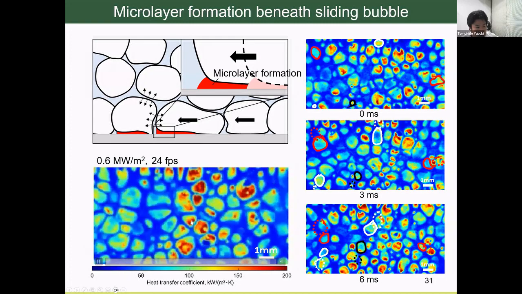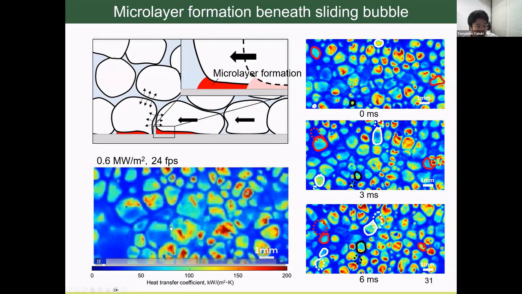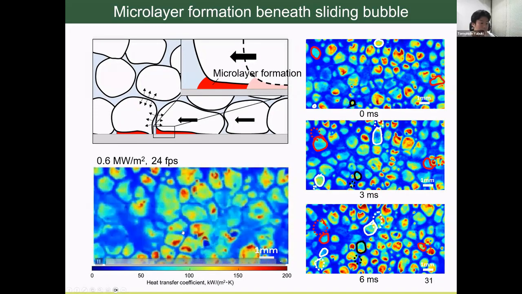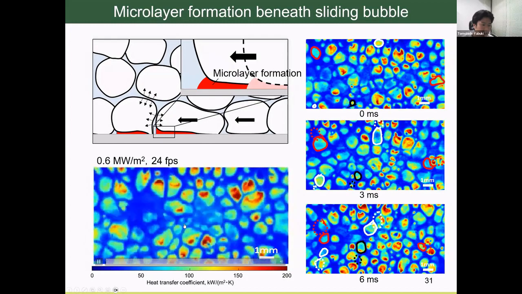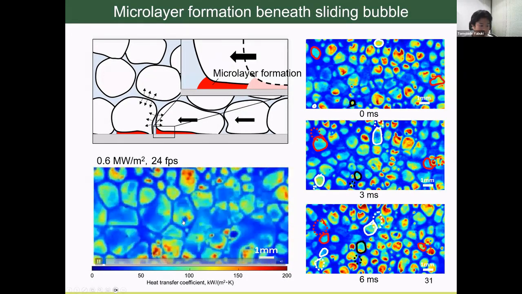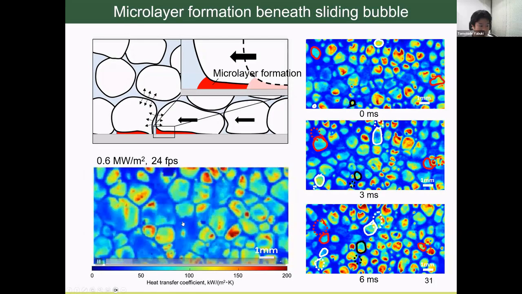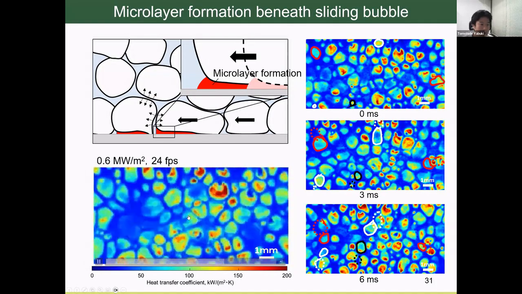And so we found that the sliding motion of primary bubbles and also the formation of the microlayer under sliding bubbles is another factor enhancing the area coverage ratio of microlayer.